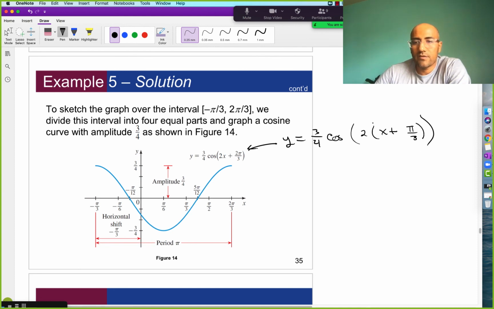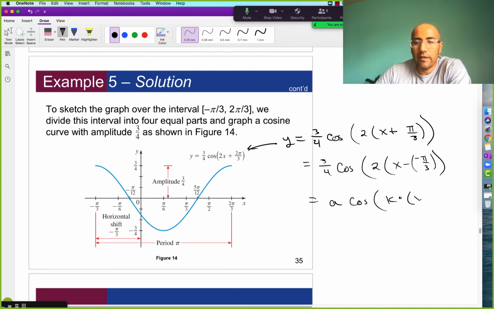Right? 2x, 2 pi over 3. And then also we want to rewrite this into the form of cosine 2 times x minus negative pi over 3. And now it fits the form of some constant a cosine of some constant k times x minus b, like this.